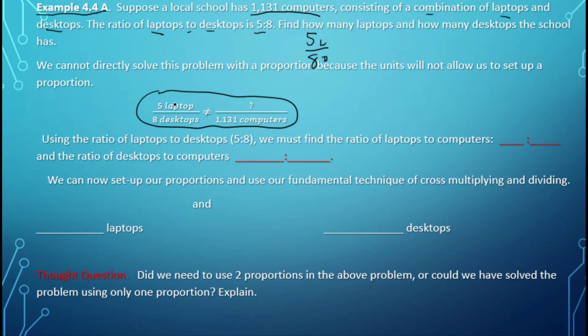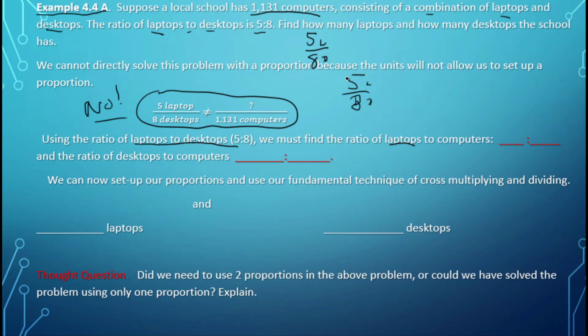Well, recall from the last problem I went dollars to pesos equals dollars to pesos. This states laptops to desktops equals laptops to computers. No, this is not the same. But what we can do, we can use the ratio of laptops to desktops, which is 5 to 8. We must find the ratio of laptops to computers. And the way we can do this is laptops to desktops.